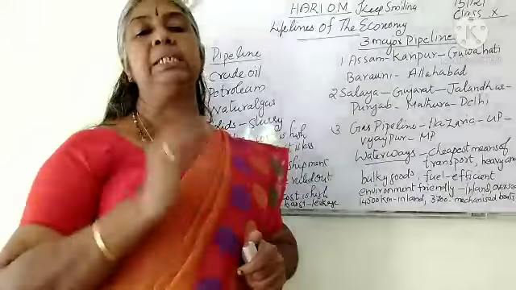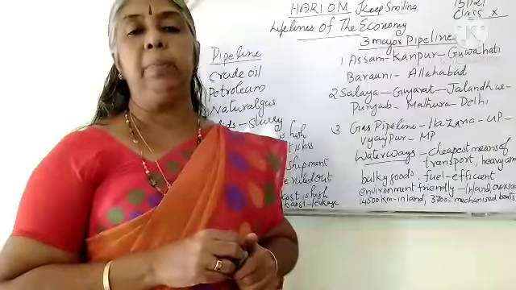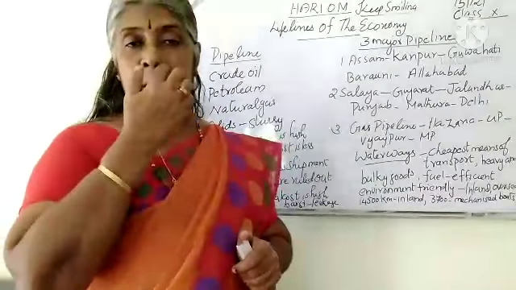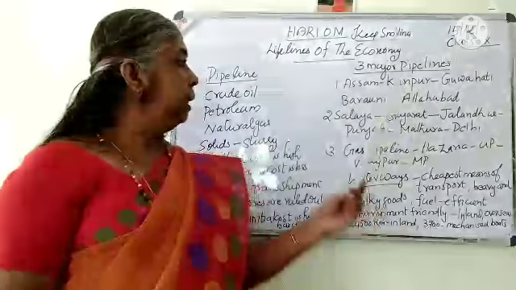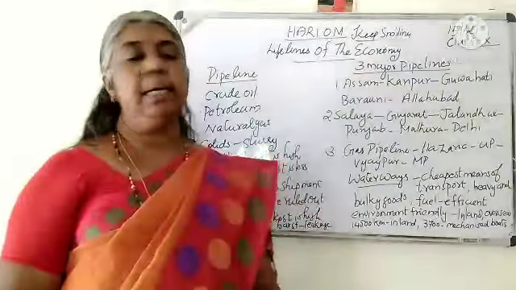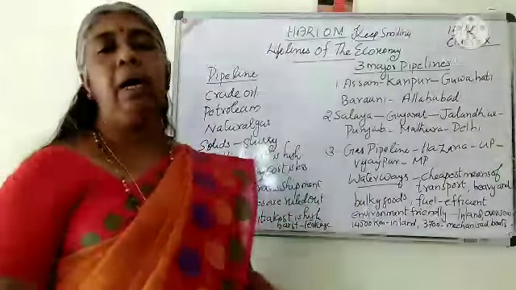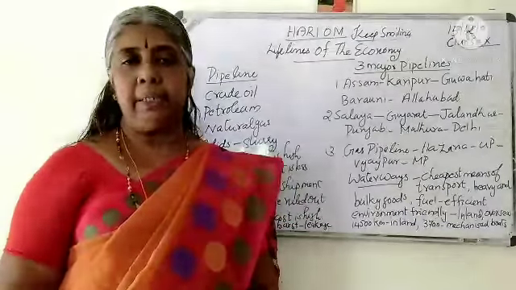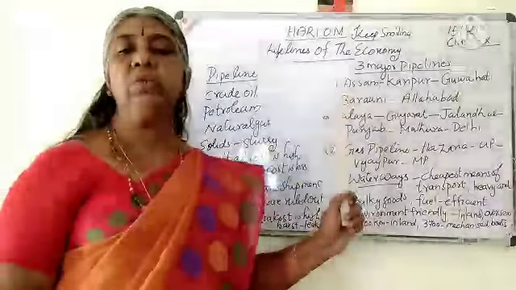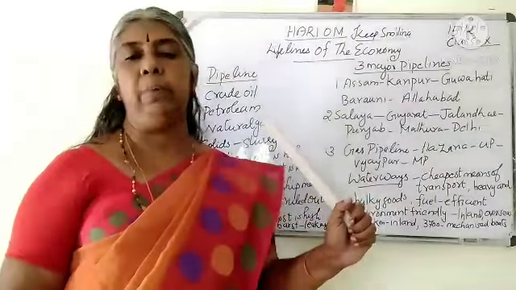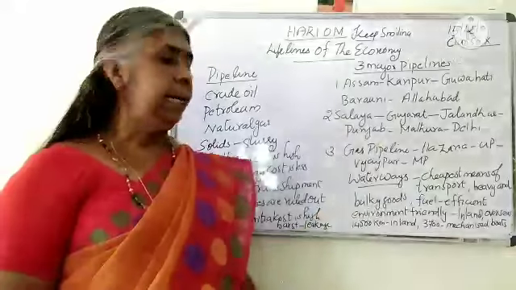All these places are connected by these pipelines. So long distances can be covered, but the problem is that the initial laying cost is very high. So there are three major pipelines connecting different parts of the country. Two are used for crude oil and petroleum products, and one for gas products.